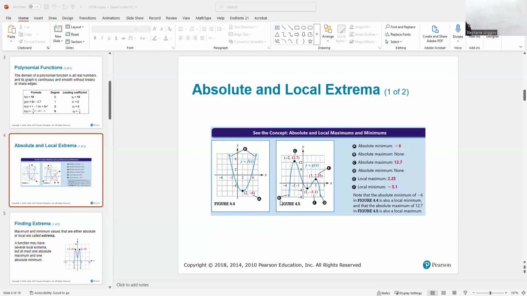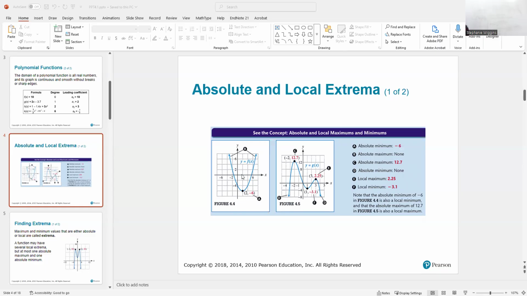Here are some examples. This is a parabola, a quadratic function, and it has a vertex. Notice since it opens up, this vertex is the location of an extreme value, and that would be a minimum value of -6. -6 is the lowest point, and the 2 just shows us where that occurs.